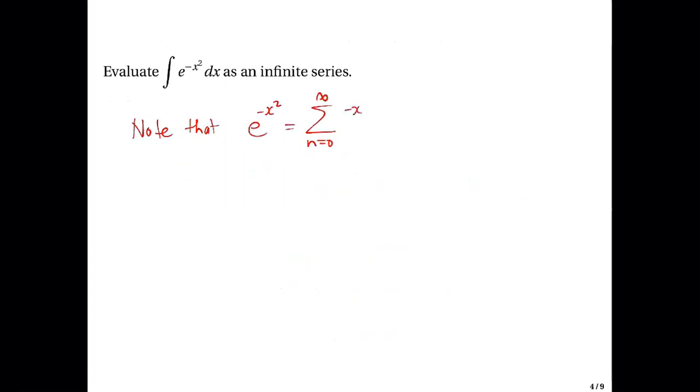Negative x squared quantity to the n over n factorial. Or let us again rewrite this. We separate that negative. So this is the series from n equals 0 to plus infinity of negative 1 to the n, and then we now write x raised to 2n divided by n factorial.